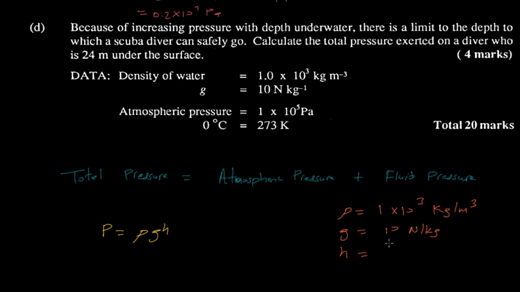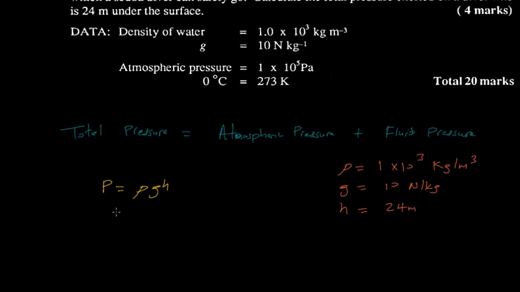So we can plug in the values: 1 times 10 to the 3 kilograms per cubic meter multiplied by 10 newtons per kilogram, multiplied by 24 meters.